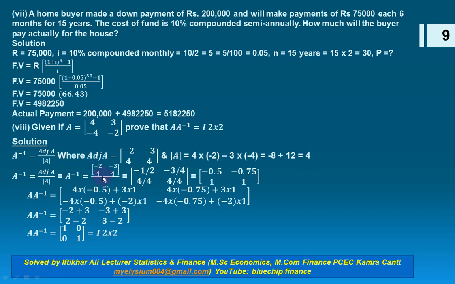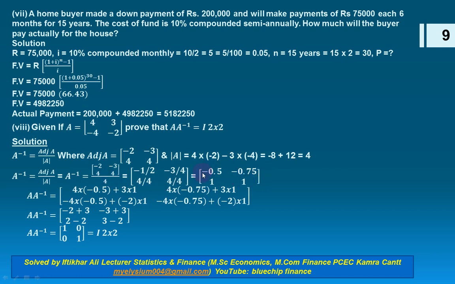After putting the values in the formula of A inverse, we simply divide each element of the adjoint by the determinant: -2 by 4 equals -1 by 2, -3 by 4 equals -3 by 4, 4 by 4 equals 1, and 4 by 4 equals 1.